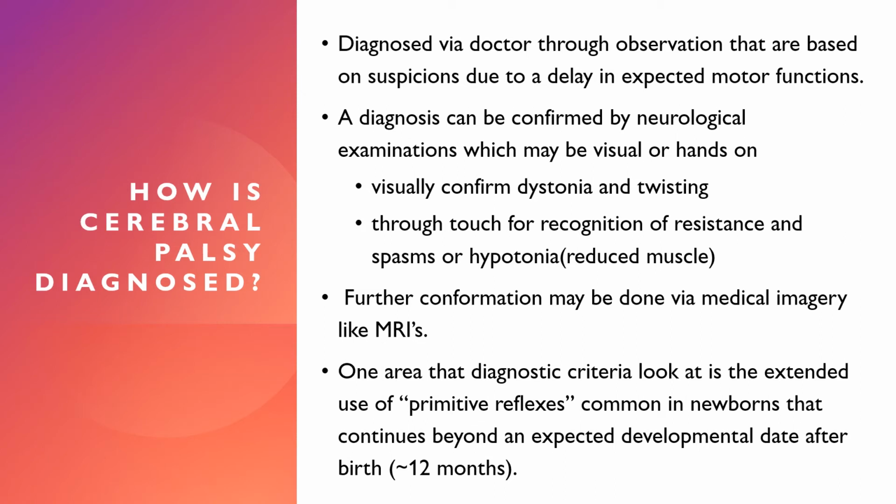You shouldn't see some of those as much as you do, and other movements should take their place. If a doctor notices that that's not occurring, that's when they might do further screenings and further investigation into whether or not the child has cerebral palsy or not.